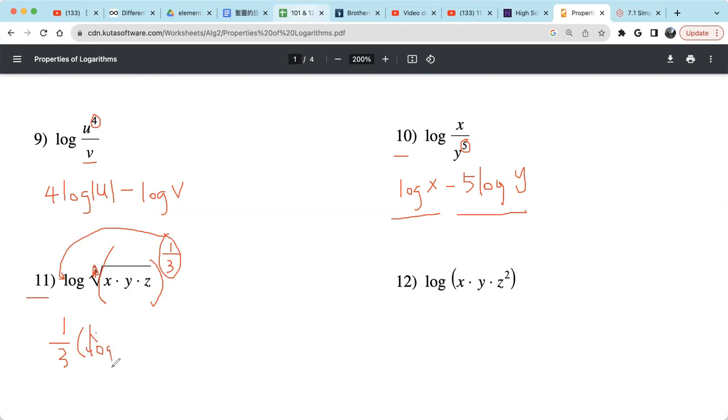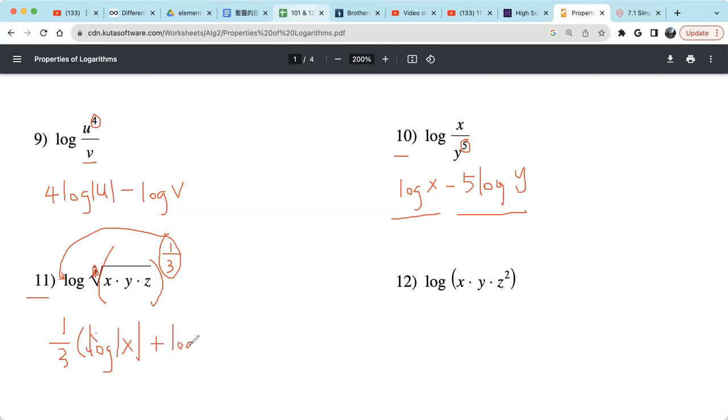Log x. And also, because it's x times y times z, we want to force all of them to be positive, because they are variables. Maybe x is a negative value, y is a negative value, and negative times negative becomes positive. So then product indicates addition of logs.